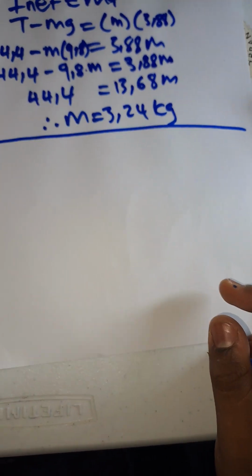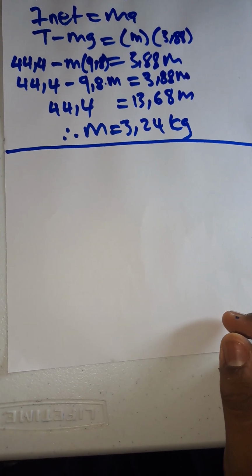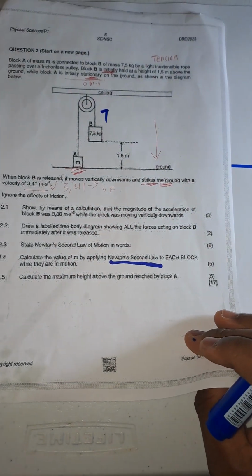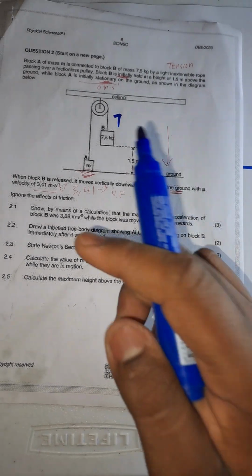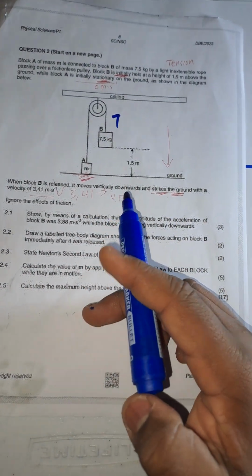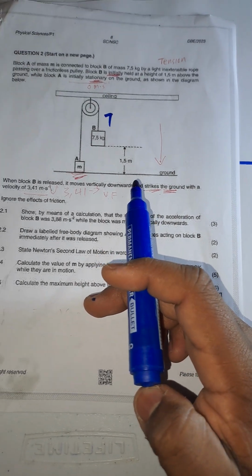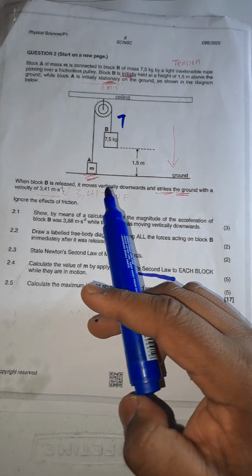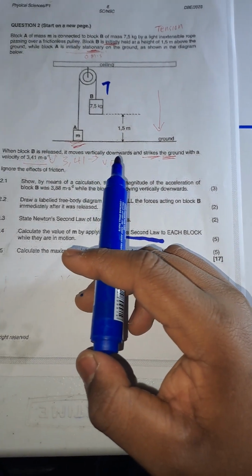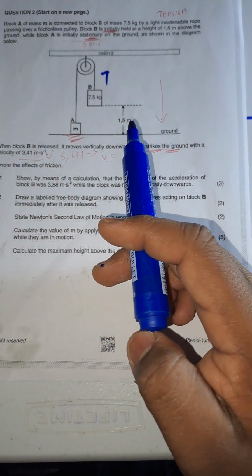Now I want you to know something and to see something here. As you can see, block B struck the ground with 3.41 meters per second.